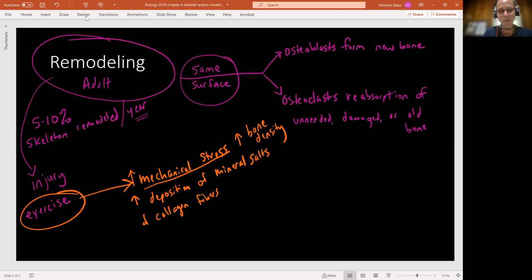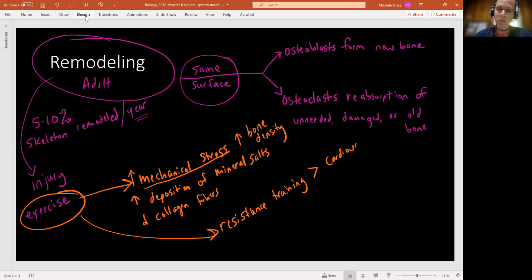What we see with exercise too, in terms of health benefits, is that resistance training is actually going to be more effective than cardiovascular activities in terms of increasing your bone tissue or your bone density. So what that might look like is a little bit of weight training in with your cardiovascular activities if you are trying to help boost your bone density.